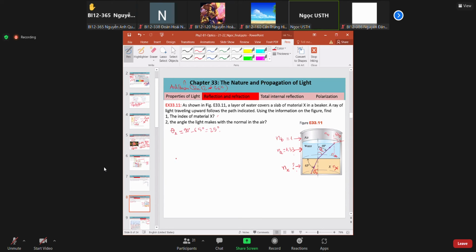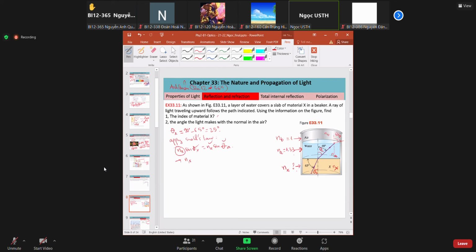And then we apply Snell's law to find the index of refraction of X. We have Nx multiplied by sine theta X is equal to Na multiplied by sine theta A. Okay, you know it, and you just need to calculate it.